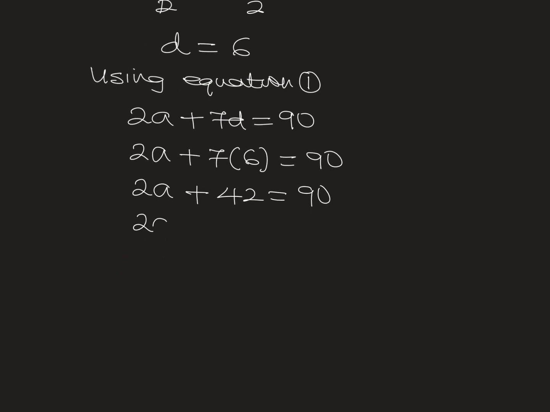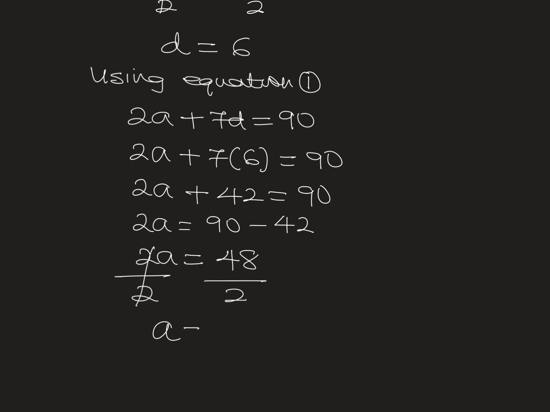So 2A is equal to 90 minus 42. 2A is going to be equal to 48. To find A, I will divide both sides by 2. So therefore, A is equal to 24. So that is the value for A, and we know the value of D.